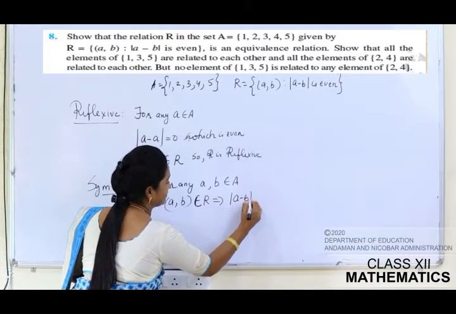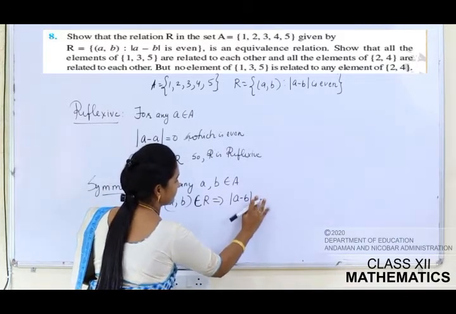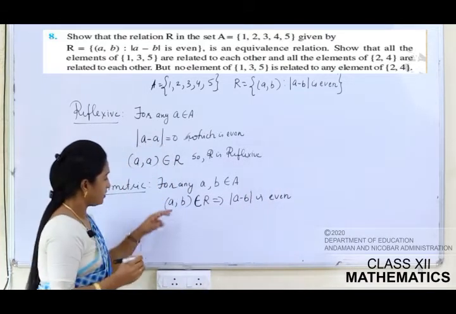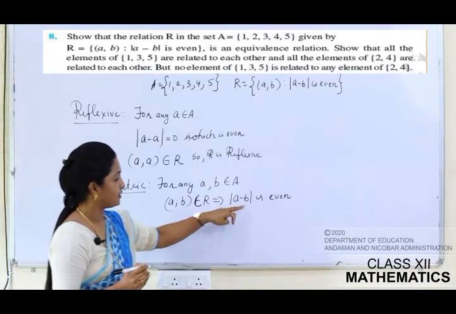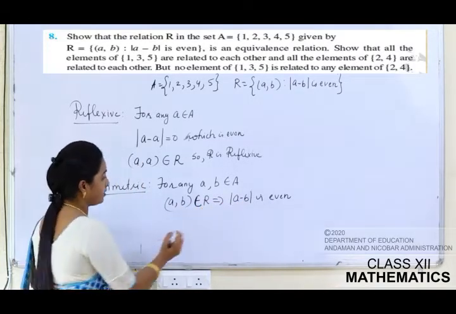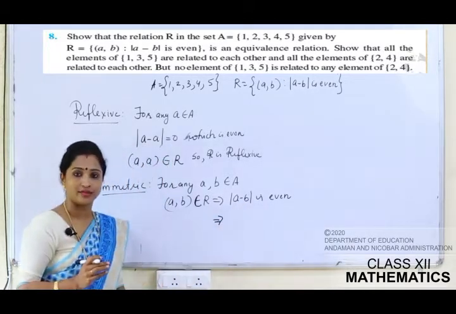The modulus of a minus b is even. For any a, b belongs to A, (a, b) belongs to R implies that the modulus of a minus b is even. Whether the modulus of b minus a is even or not.